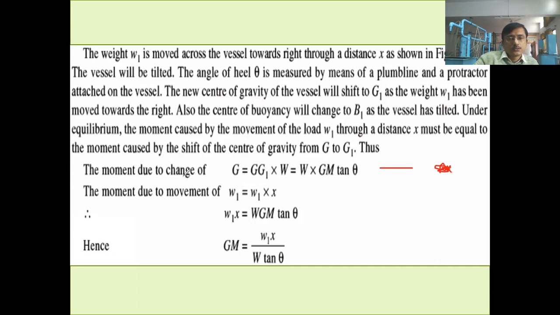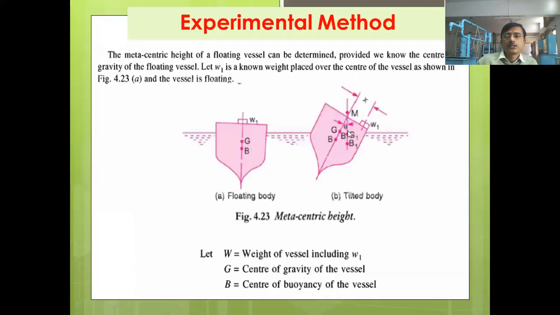Now here the moment due to the change of Z to Z1 can be written as W into Z to Z1. Now this Z1 can be written as Zm tan theta. Just as in the last lecture, if I draw a perpendicular line here, opposite side divided by adjacent side gives tan theta.